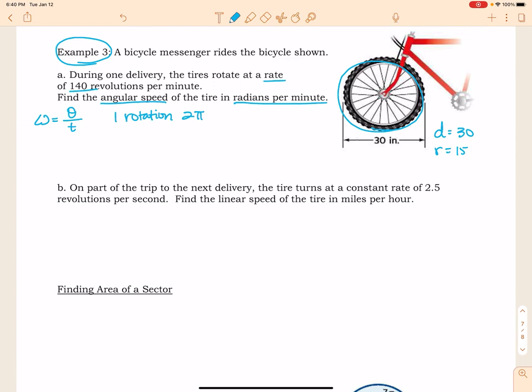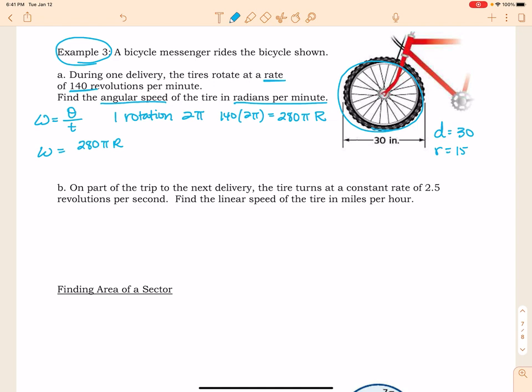So that means if I'm told this bicycle is going at a rate of 140 revolutions, so 140 rotations per minute, that means that 140 times 2 pi tells me that it's actually going 280 pi radians. So that's how we're going to measure that. So that's going to be my theta.